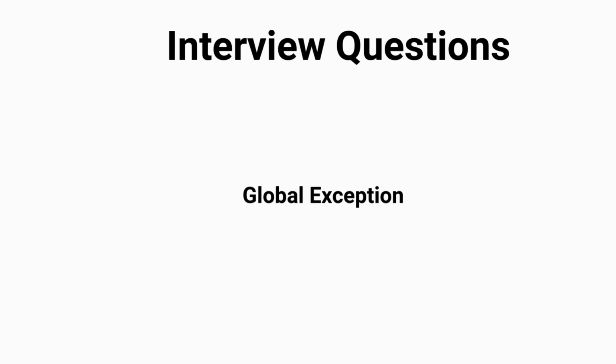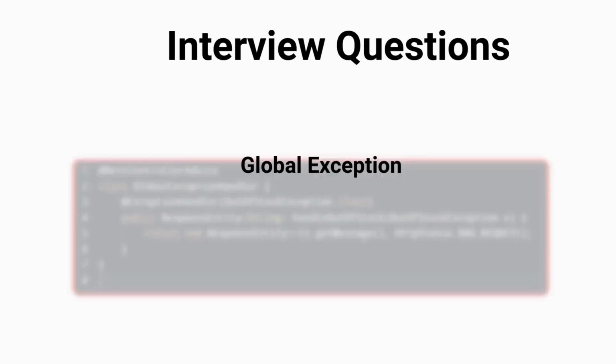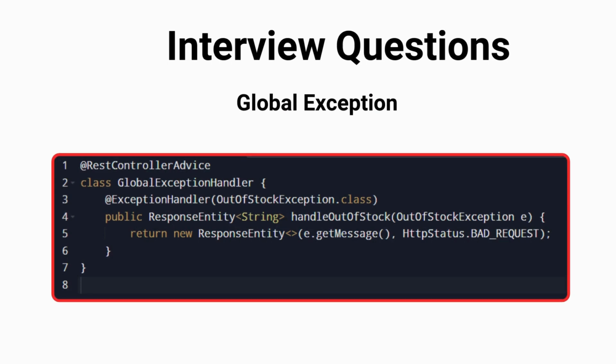In a real-world Spring Boot application, we don't want to write try catch everywhere. Instead, use global exception handling with the @ControllerAdvice annotation. So here I'm having the exception handler class which is annotated with @ControllerAdvice, and inside that I'm having the exception handling method, and that method name is handleOutOfStock.